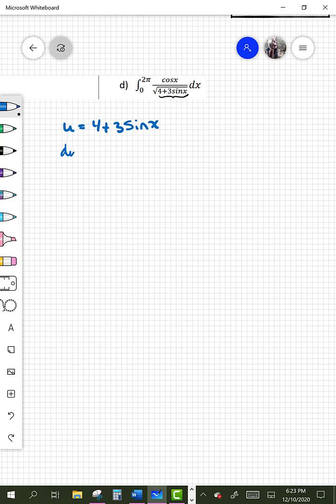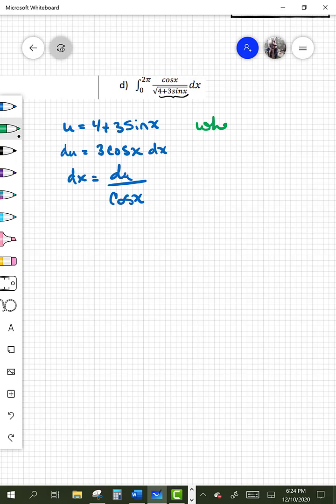Take the derivative of both sides, we get du equals derivative of 4 is 0 plus 3 times the derivative of sine of x, which is cosine of x, dx. So dx gives us du all over cosine of x. Let's change our bounds.